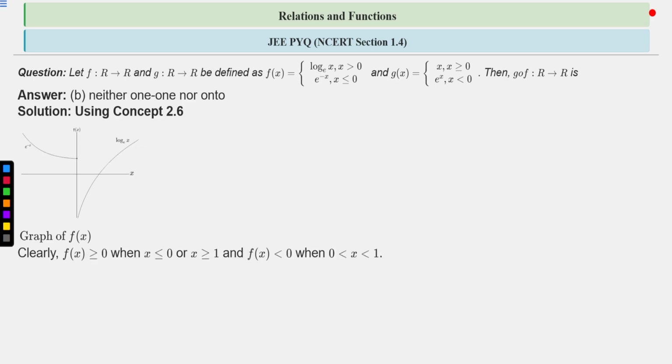Clearly f(x) is greater than or equal to 0 when x is less than or equal to 0 or x is greater than or equal to 1, and f(x) is less than 0 when x is from 0 to 1. Clear? This is the property of the log x function.